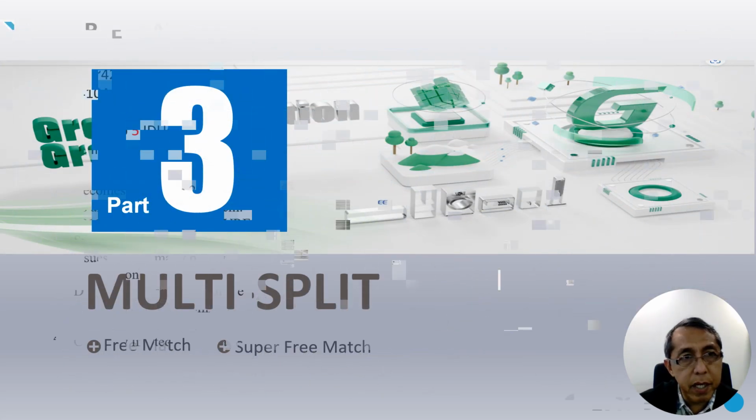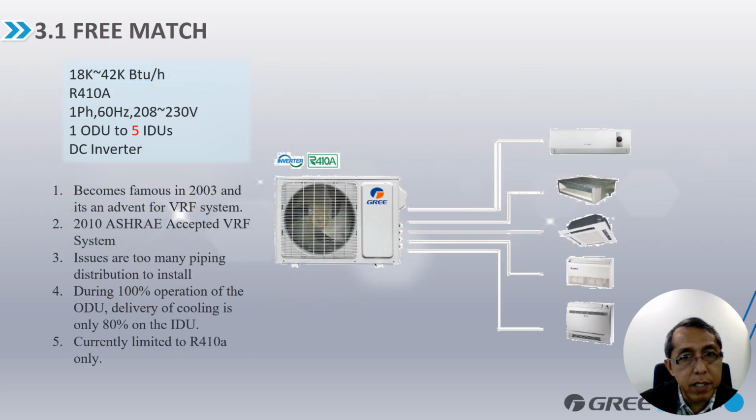For the multi-split, the pre-match, this became famous in 2003, and it is an advent for the VRF system. And you can connect up to 5 units of different indoor unit configuration.